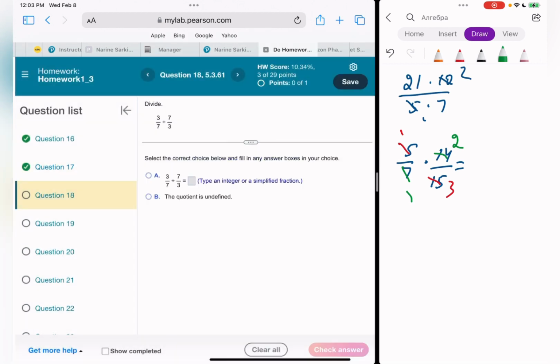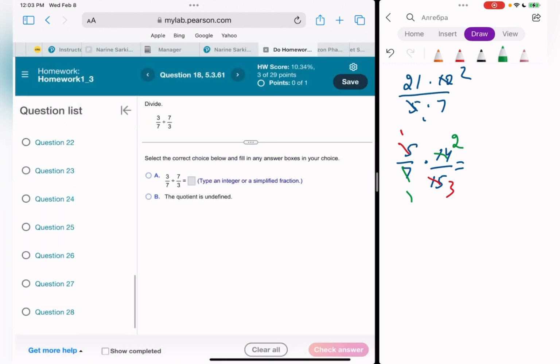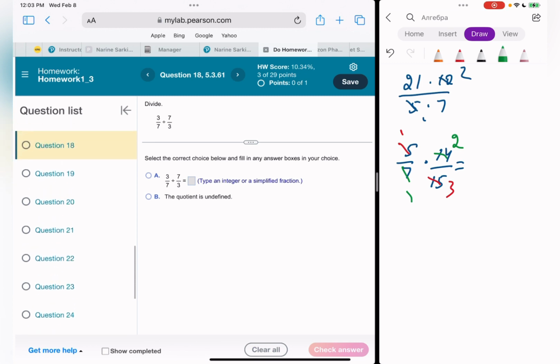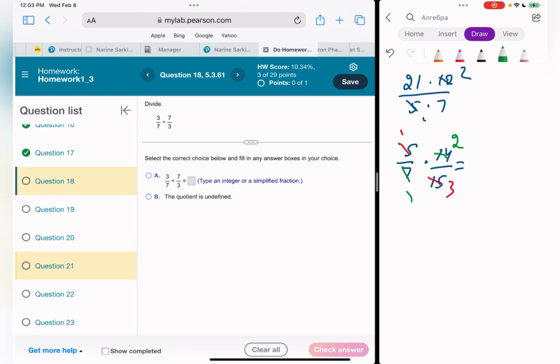Next one, 18. Wow, that loaded quite slowly. Number 18, select the correct choice. So let's see, 3 over 7 divided by 7 over 3.